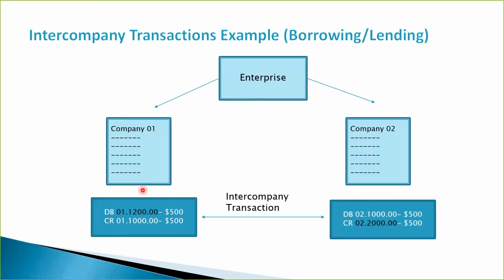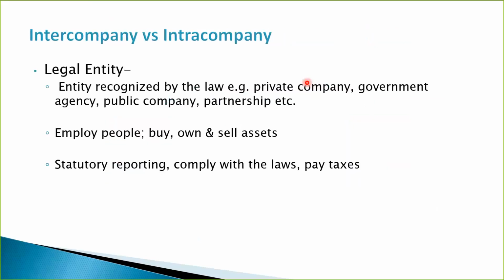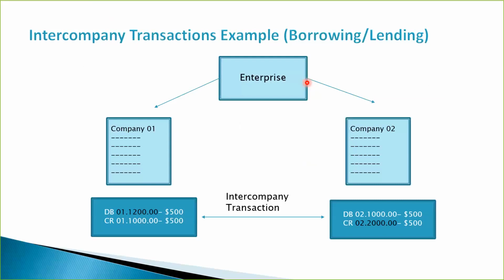And on the other hand, company 1's receivables have also increased because it's owed money by company 2. So this is another example of an intercompany transaction that might take place between these two companies which belong to this enterprise. Of course, we might have other examples of intercompany transactions.